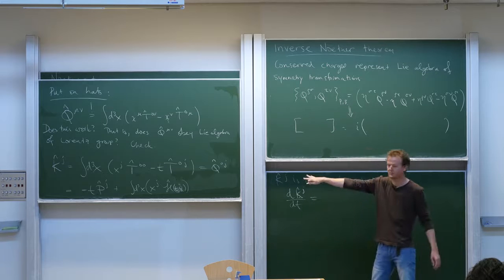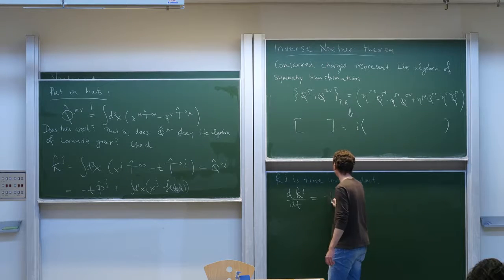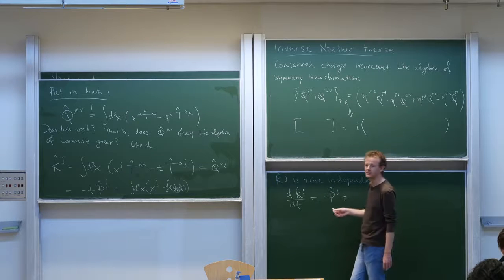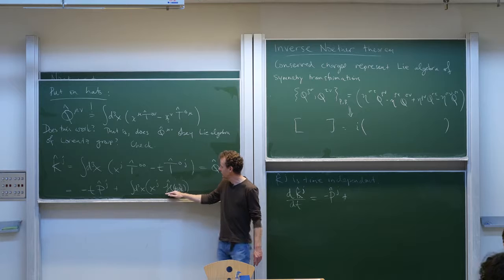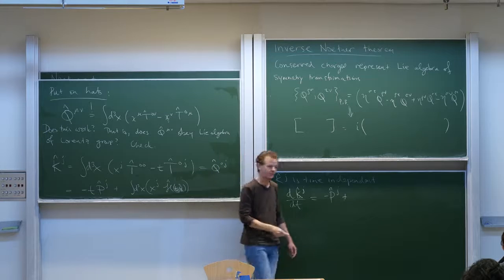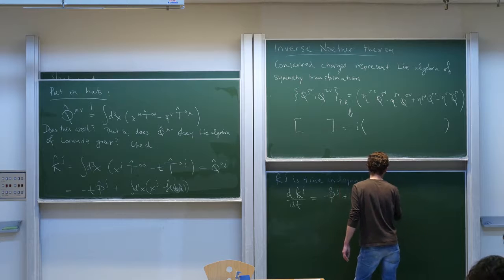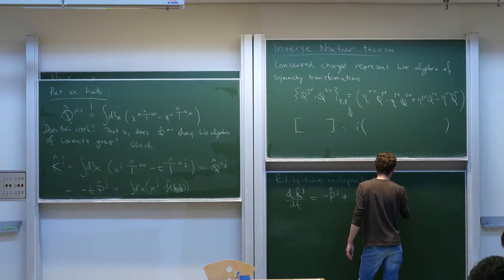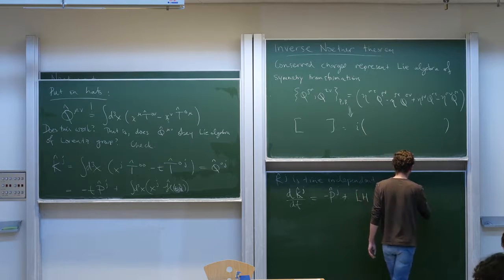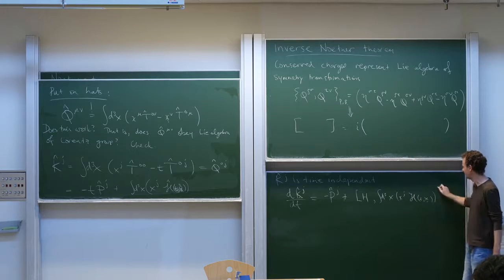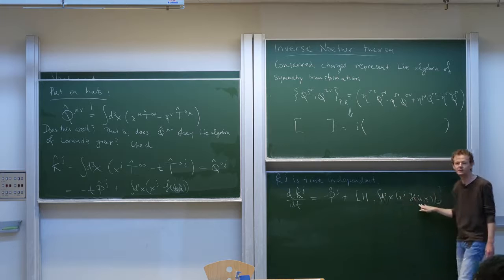So let's take the derivative of the right-hand side there. What do we get? We get minus P_j hat plus, and here's the interesting bit, how does an operator evolve in time in quantum mechanics? Well, according to the Schrödinger equation, that's just the commutator with H. So you might think, doesn't H commute with H?